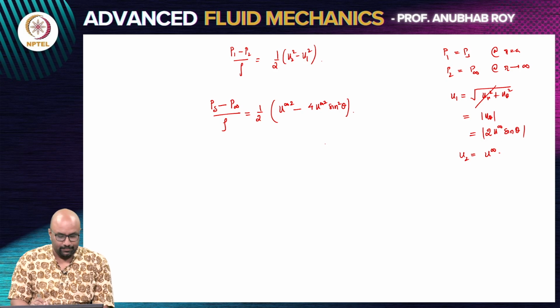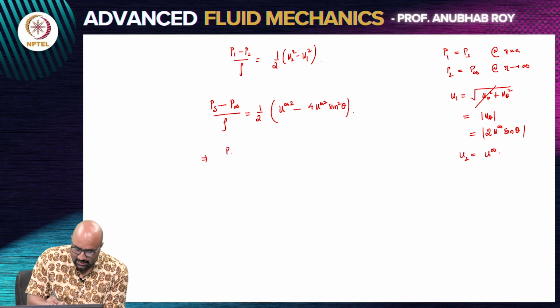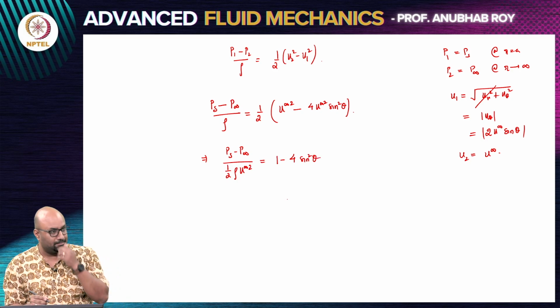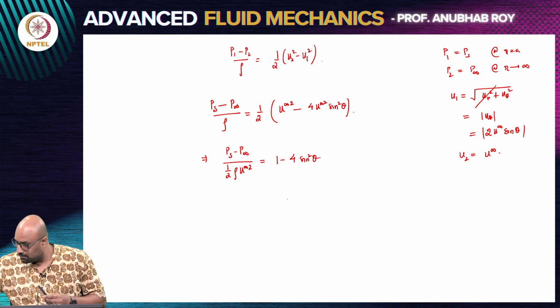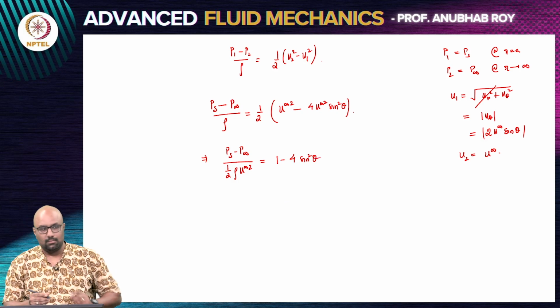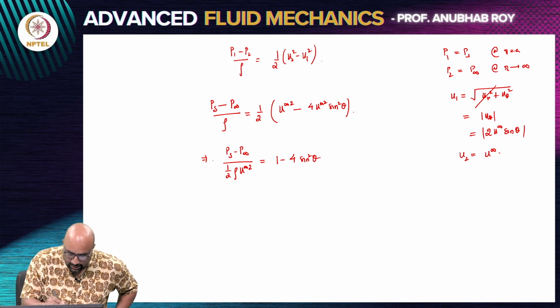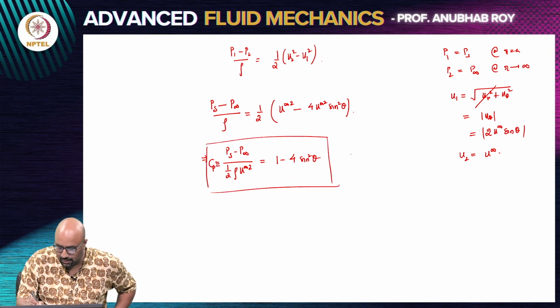Now, I can write this Ps minus P infinity by half rho u infinity square as 1 minus 4 sin square theta. This quantity is known as the pressure coefficient.